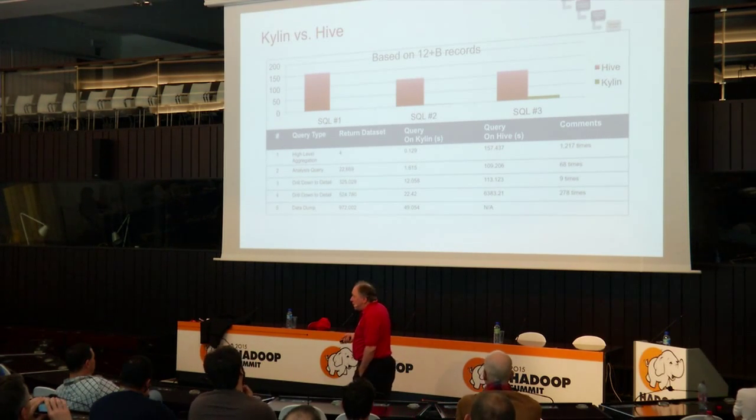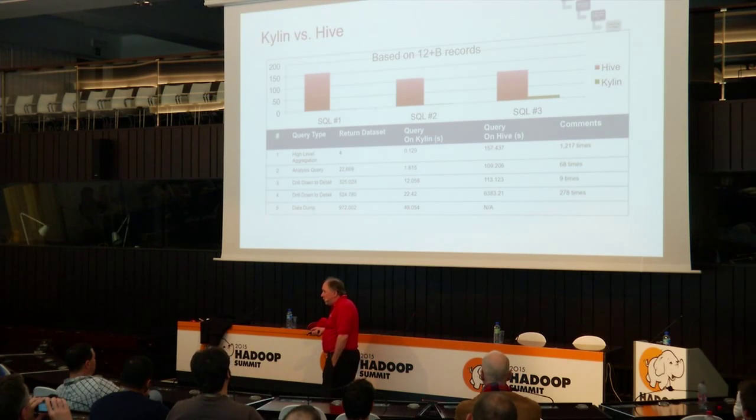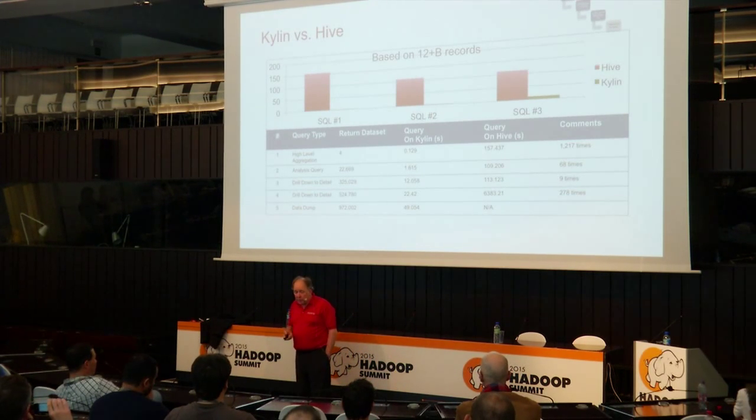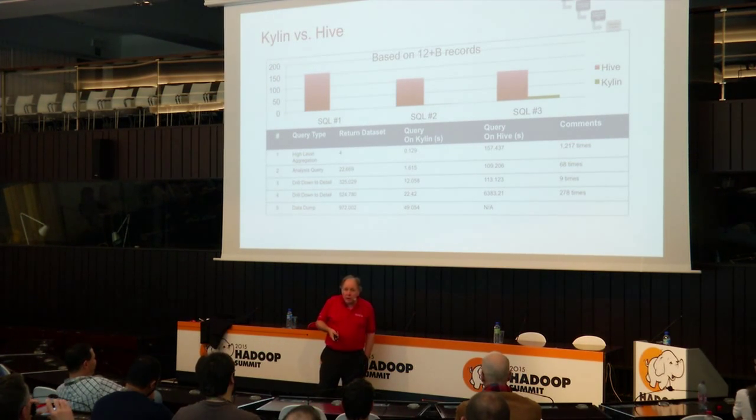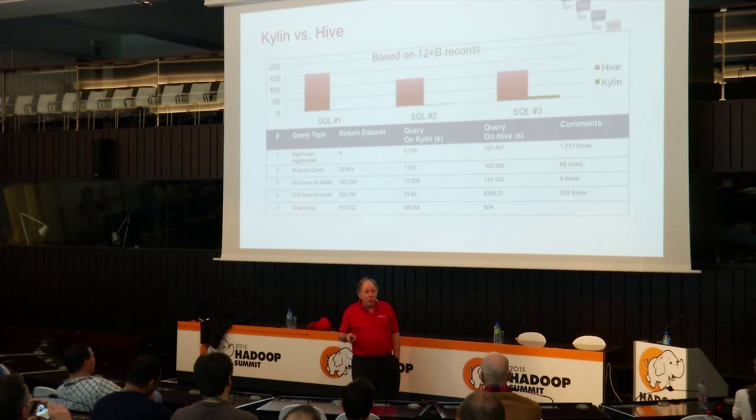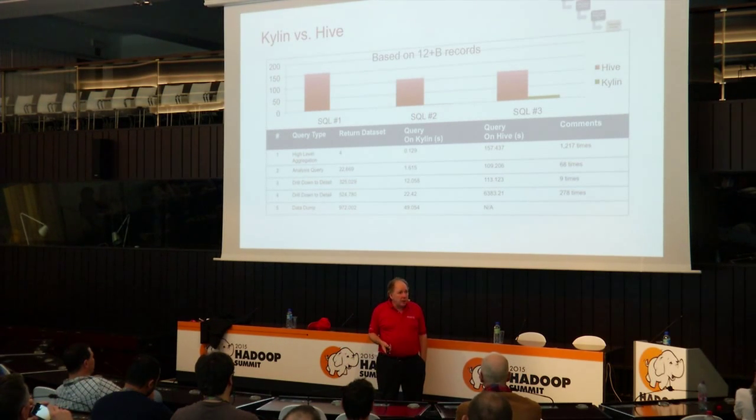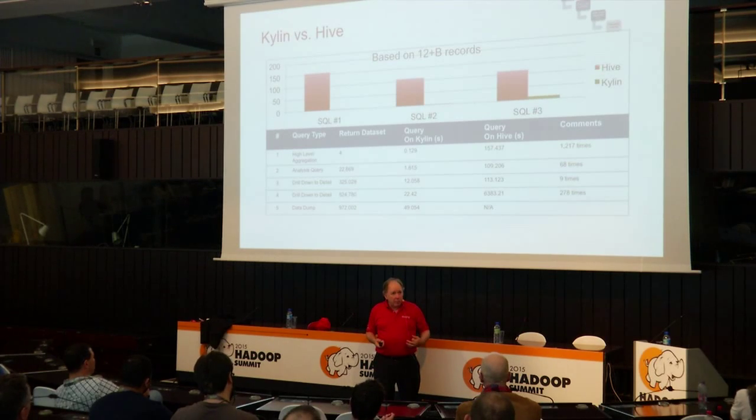Now, this isn't a fair fight, but whoever engages in fair fights in computing, it's not doing the same computation. So it's no wonder that it's not taking the same amount of time. It's cheating. And all of the work that Hive did is being done offline and hidden from the user.